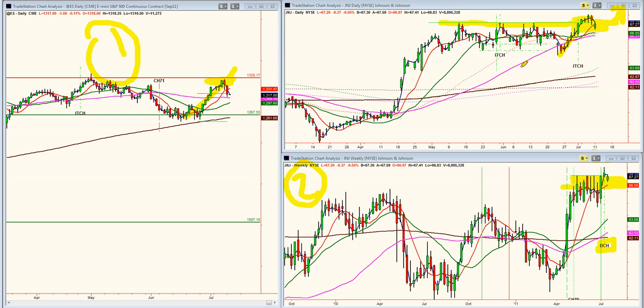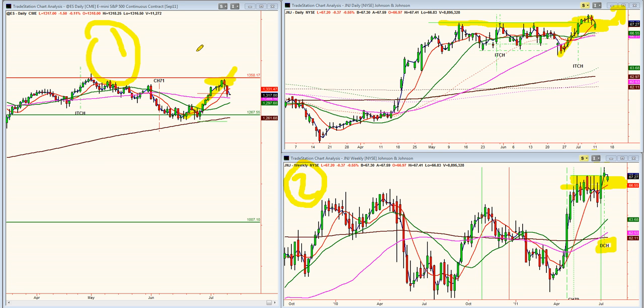Combinations, high probability combinations. This is just one of the things that we look at to determine whether or not we want to put our money into a trade to make money on the bullish side in this case.